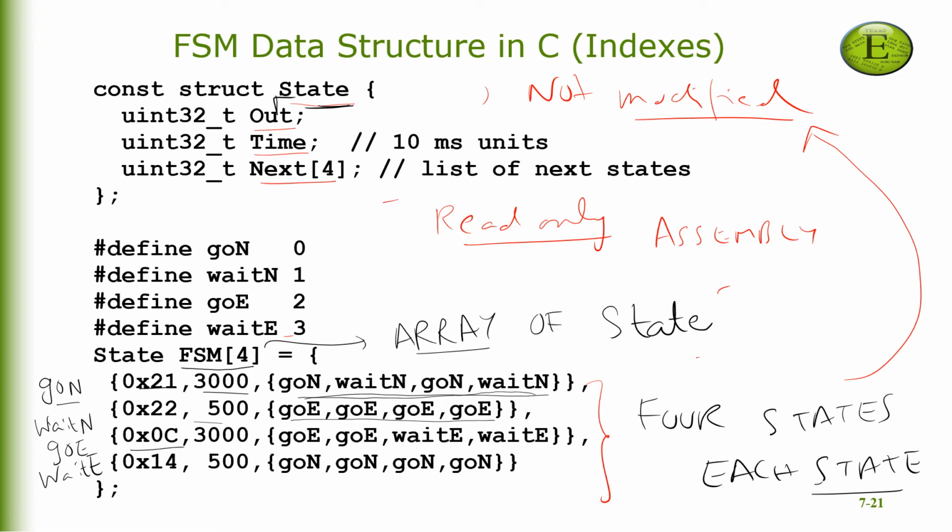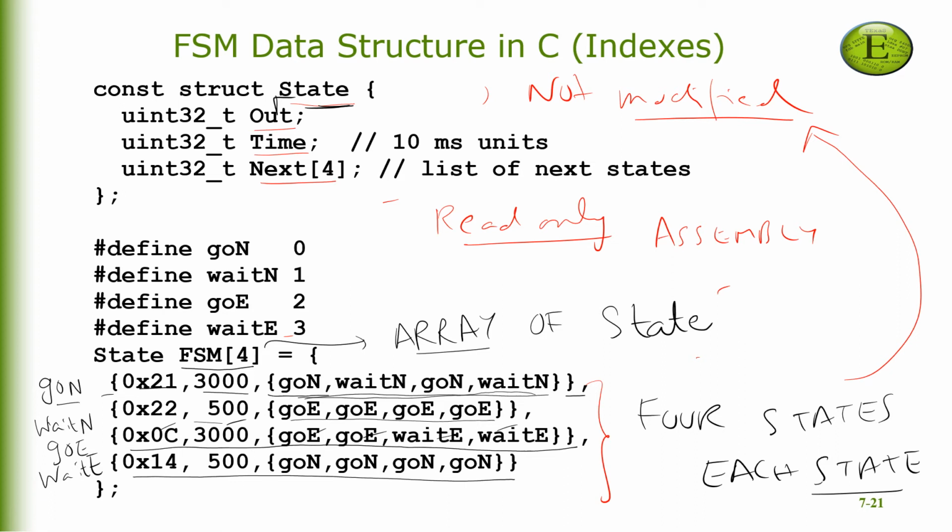The third state is the GoE state: output, weight, and the neighboring states. And the final one corresponds to the weight E state. The syntax of the structure is such that these three attributes should be represented in the parentheses.